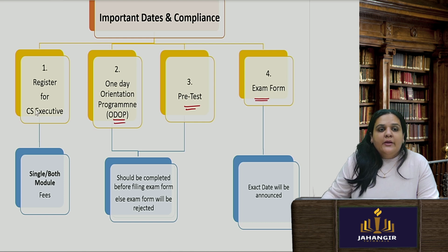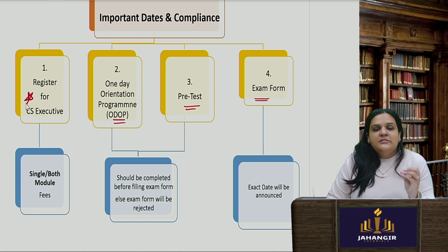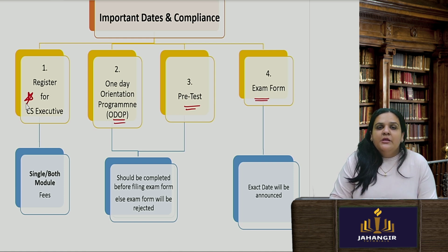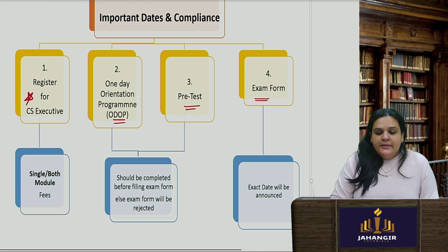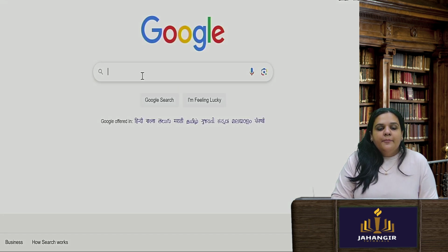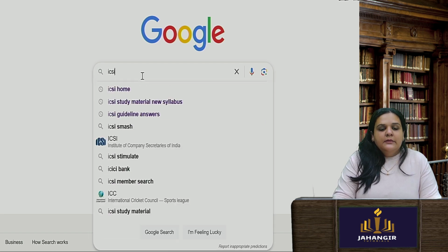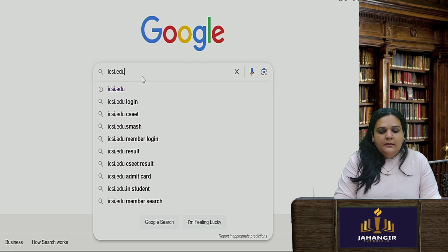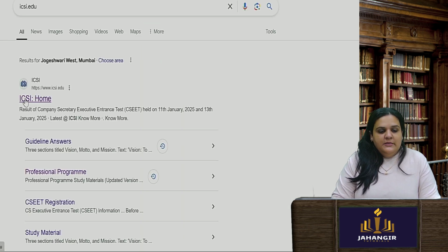So the first one, how to register for CS executive, I am going to help you understand and explain the process. For both the modules, or for one module, you simply have to go to icsi.edu. See here the home page.